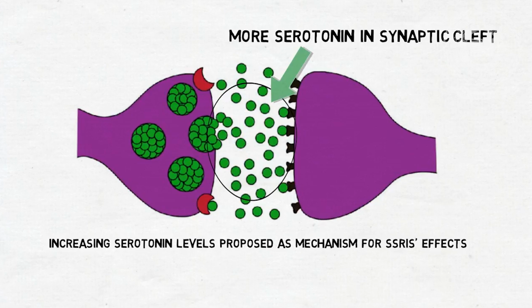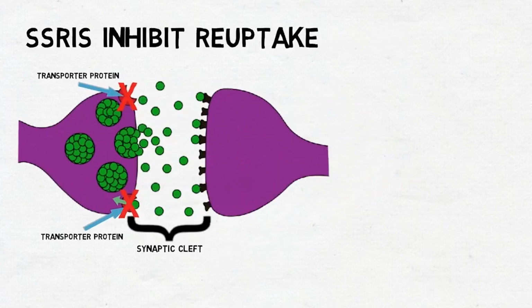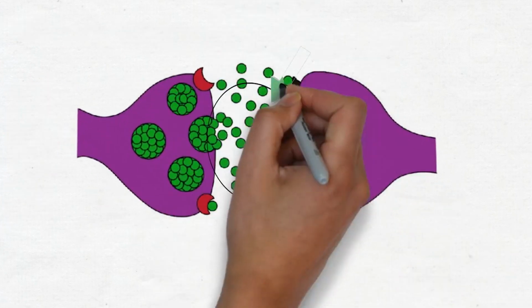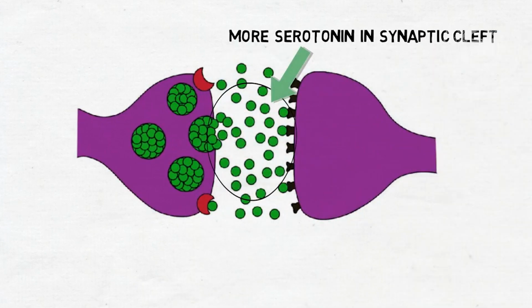SSRIs inhibit the reuptake of serotonin by inhibiting the removal of serotonin from the synaptic cleft. This causes levels of serotonin in the synaptic cleft to rise, which may help in treating symptoms of depression.